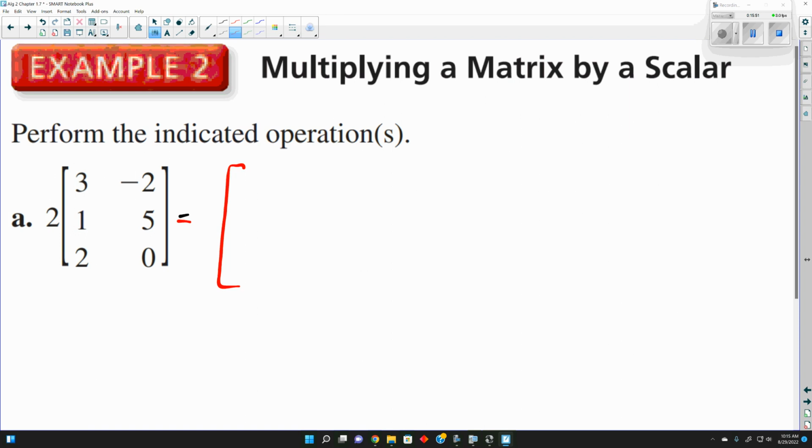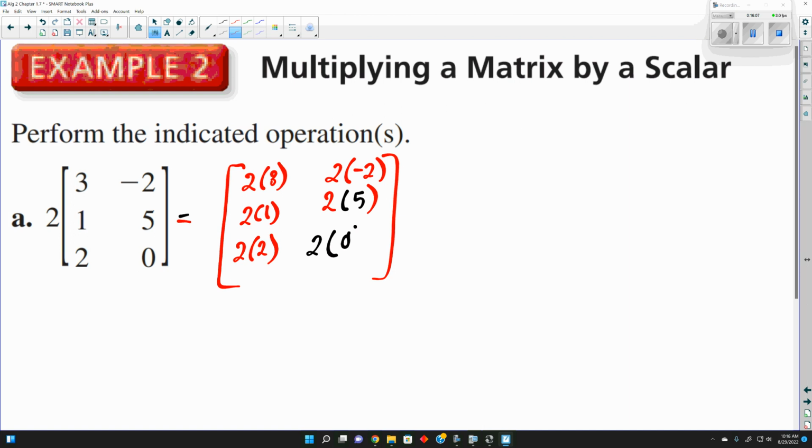So if we wrote this out, we would say 2 times 3, and 2 times negative 2, and 2 times 1, and then 2 times 5, and 2 times 2, and 2 times 0. We're just multiplying everything by 2.